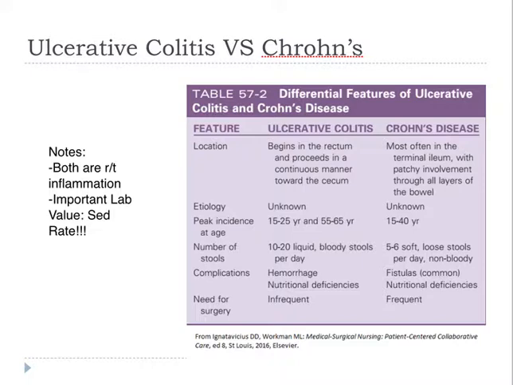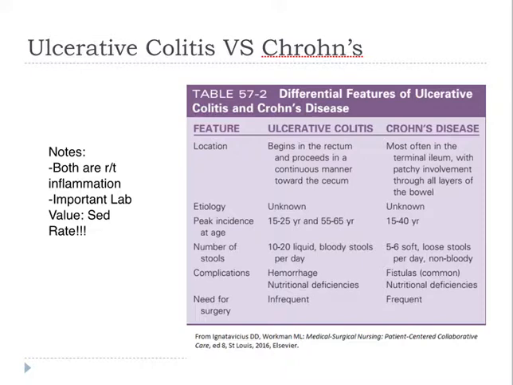the patient is having. So ulcerative colitis, the key thing is frequent bloody stools. And I'm talking a large volume of bloody stools. And the level of inflammation that they have is continuous.